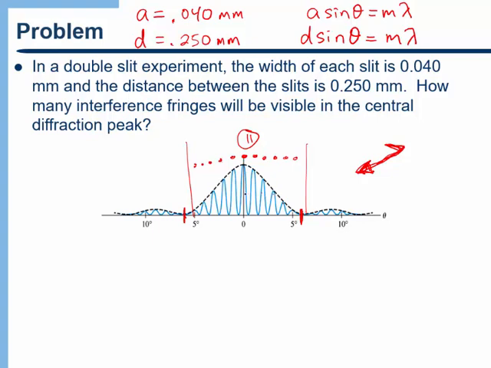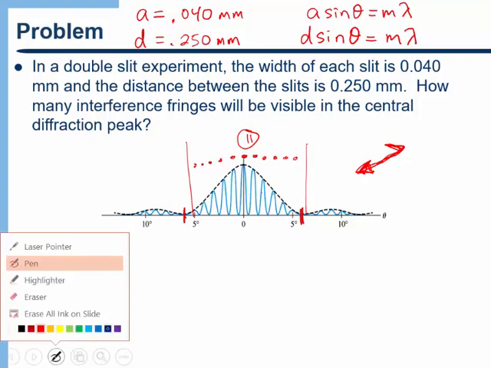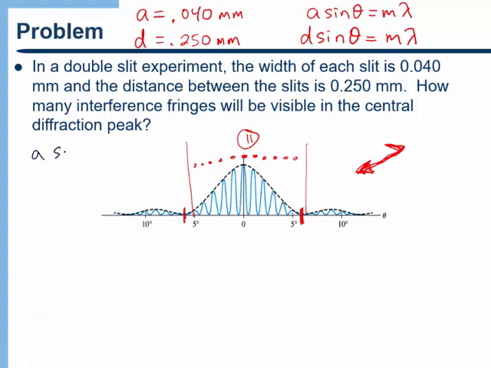So what I'm going to do is say I want the first minimum in the diffraction formula. So a sine theta equals m lambda, and what we're saying there is we want m equals 1. So I just get that sine theta is equal to lambda over a.